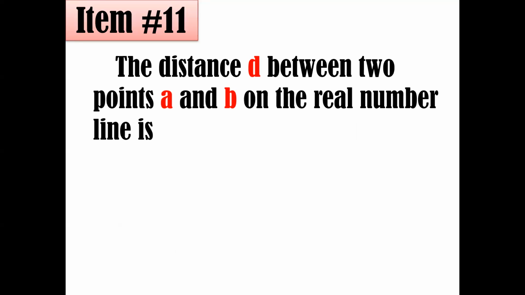Tandaan po natin that the distance denoted by D here between 2 points A and B on the real number line is actually equal to the absolute value of the quantity A minus B. Pwede ring absolute value of B minus A. It doesn't matter, basta merong absolute value symbol. This works on a real number line.